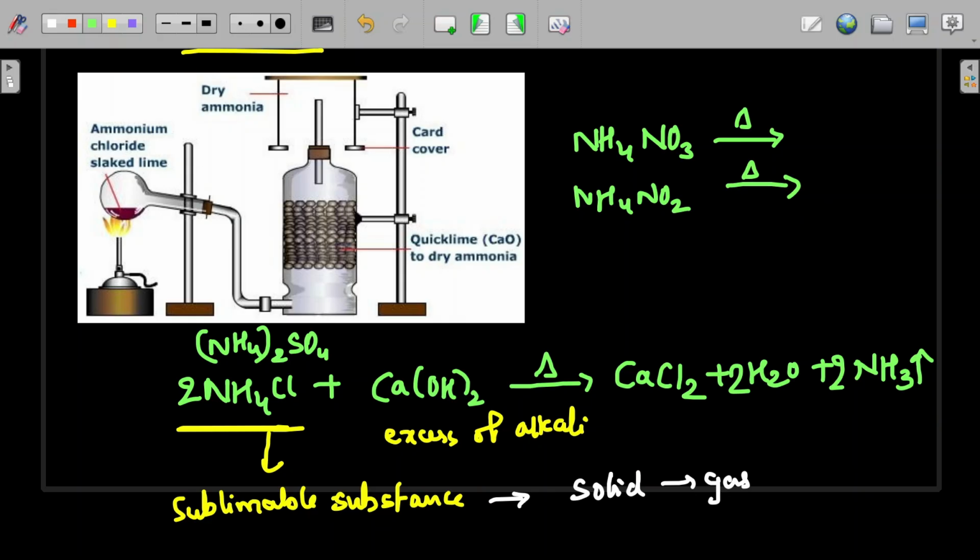NH4NO3 will give you what gas? N2O plus H2O. This is called nitrous oxide, the laughing gas. Whereas NH4NO2, nitrite, when it undergoes decomposition, you will get nitrogen plus water. Therefore, we don't use ammonium nitrate and ammonium nitrite to prepare ammonia gas in the lab.